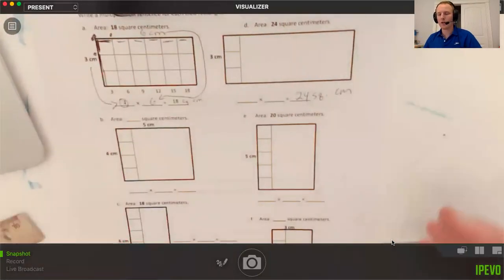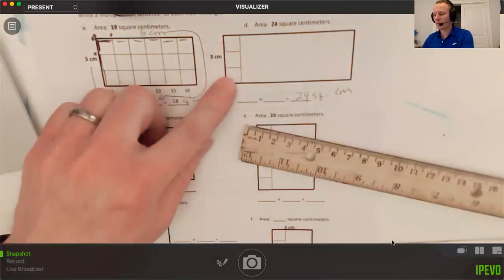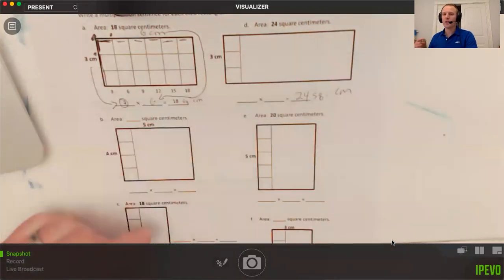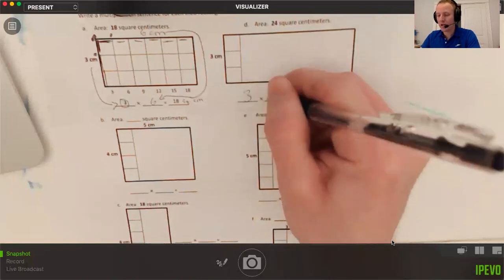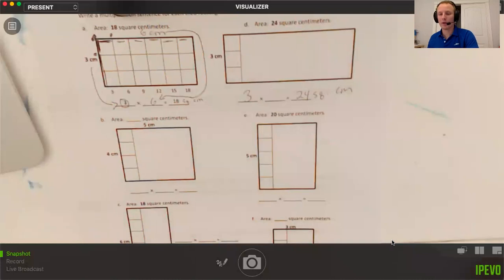Right. And so now we need to figure out, we have 3 rows. One way you could solve this problem, and if you're ready for this, fine, go with this, you don't have to draw stuff in. You could say 3 times some number is 24. What's that number? That must be how many are in each row. So if you have that conceptual understanding of multiplication already, then by all means, I don't care if you draw these in.